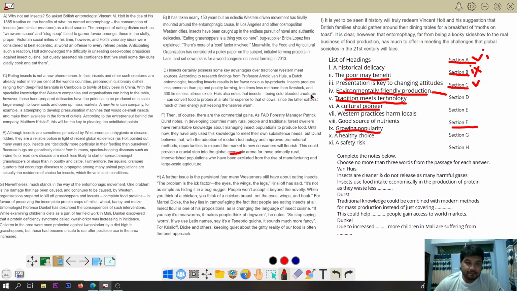I hope that you understand how we are going about doing this. We are reading the first couple of lines, and then we are trying to figure out an idea, and then we are reading the rest of the paragraph to get more understanding or more information about that idea.